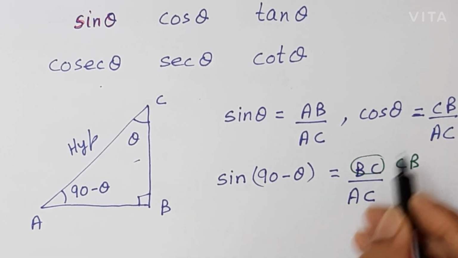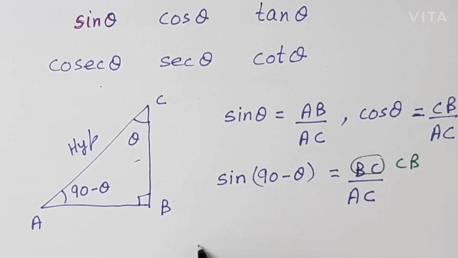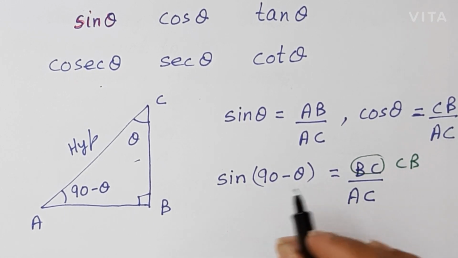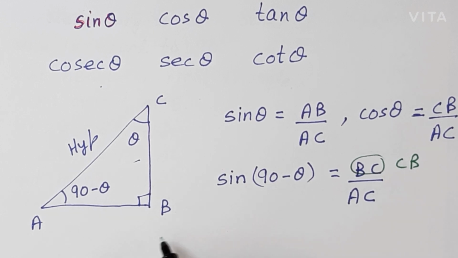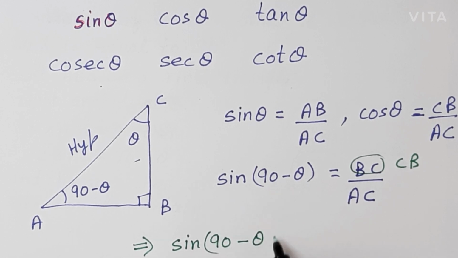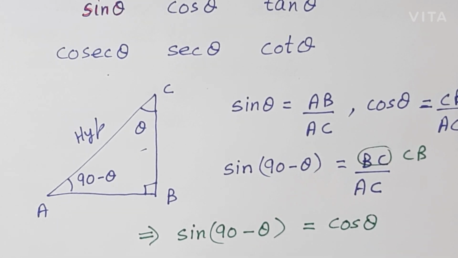So this means if cos theta is CB upon AC and sin 90 minus theta is also CB upon AC, this implies sin 90 minus theta is equal to cos theta. So we have derived a result from here. It is always like this, that is sin 90 minus theta is equal to cos theta.